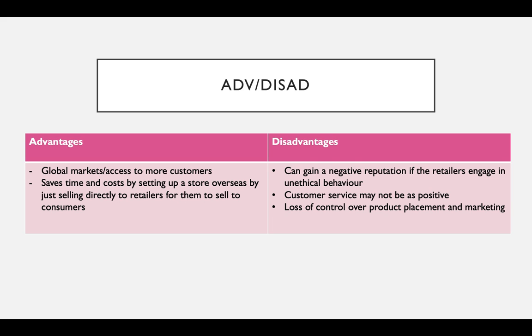So you may send your product over to a retailer and they put it in the deepest, darkest corner of their shop. How likely are you to sell it there? Yeah. And the way that they market their business or their product is up to them. So how they're going to market your product may not be what you had envisioned either.